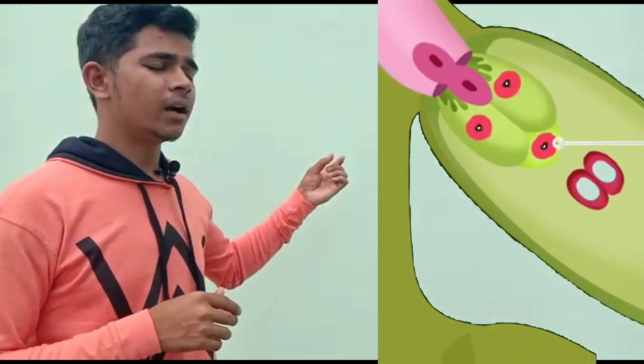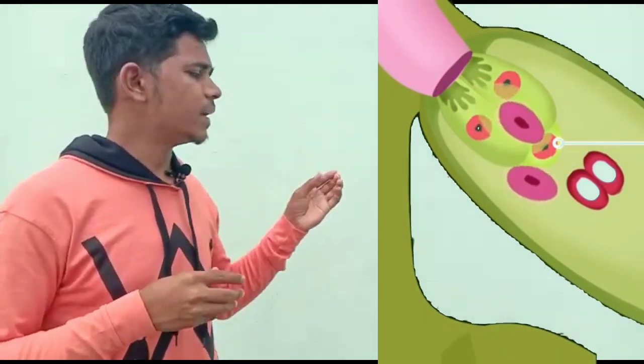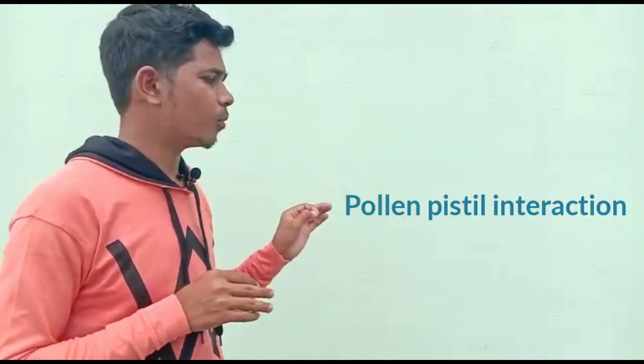Then one of the male nuclei undergoes syngamy with the egg cell to form the zygote, which becomes the fruit. This is the pollen-pistil interaction. It is a beautiful concept: the formation of the pollen tube inside the pistil and the movement of the two male nuclei, leading to formation of the fruit.